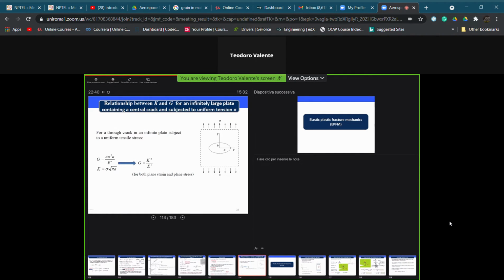Obviously, there is a relationship between the stress intensity factor K and the strain energy release rate G, defined by the Griffith approach.